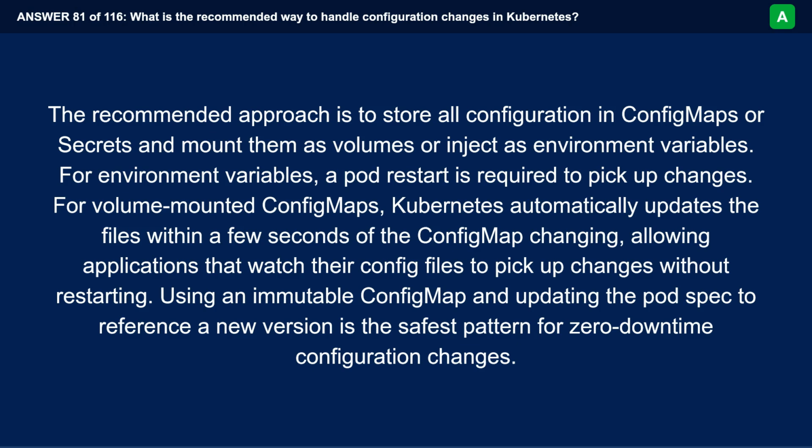For volume-mounted config maps, Kubernetes automatically updates the files within a few seconds of the config map changing, allowing applications that watch their config files to pick up changes without restarting. Using an immutable config map and updating the pod spec to reference a new version is the safest pattern for zero downtime configuration changes.